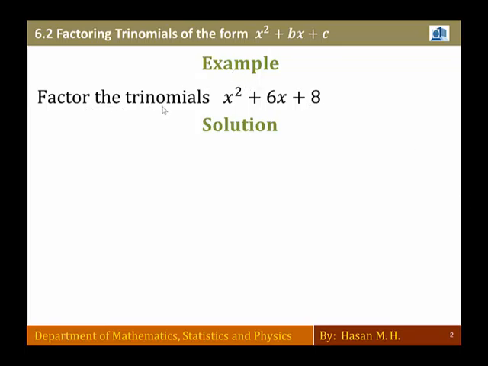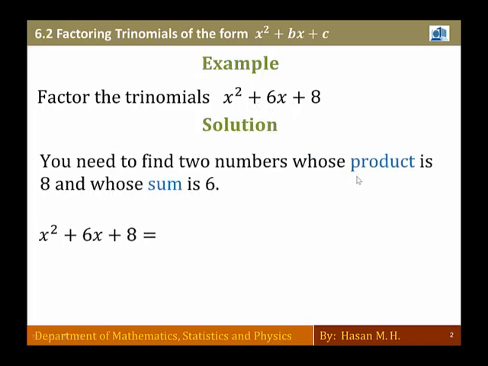Example: factor the trinomial x squared plus 6x plus 8. To factor this trinomial, you need to find two numbers whose product is 8 and whose sum is 6.